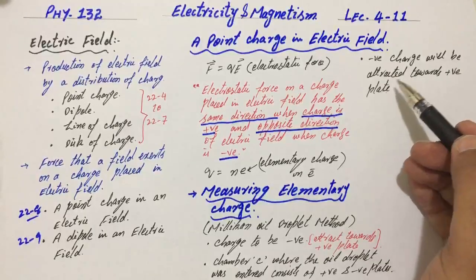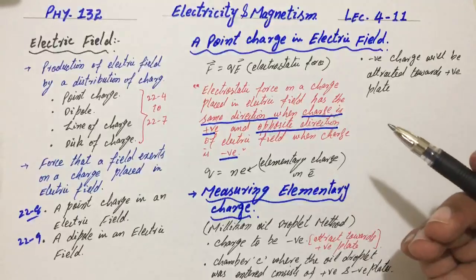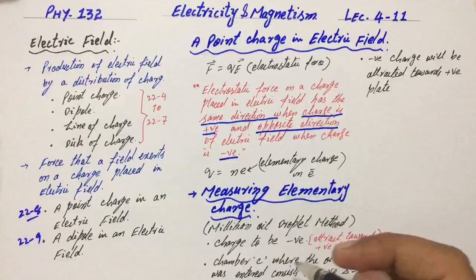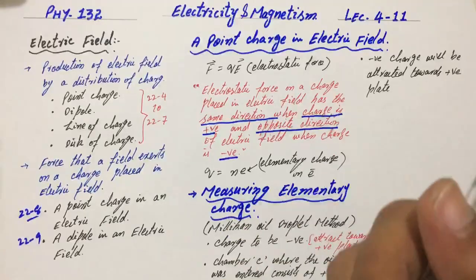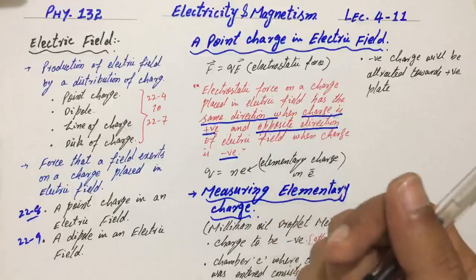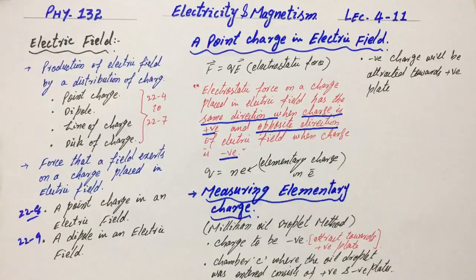We could just utilize the word drifting towards the positive plate or drifting towards the negative plate. So by utilizing the basic idea of the interaction of the charged particle and the electric field, Millikan could actually estimate the charge of an electron.